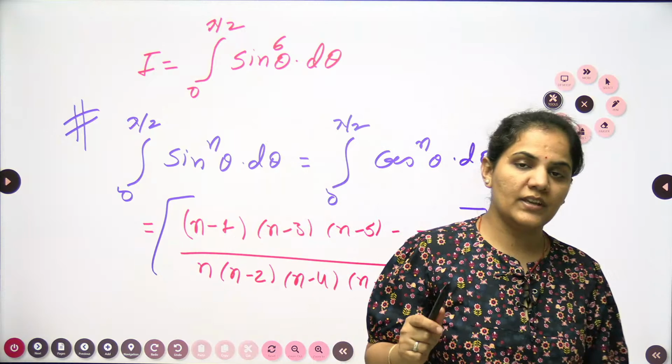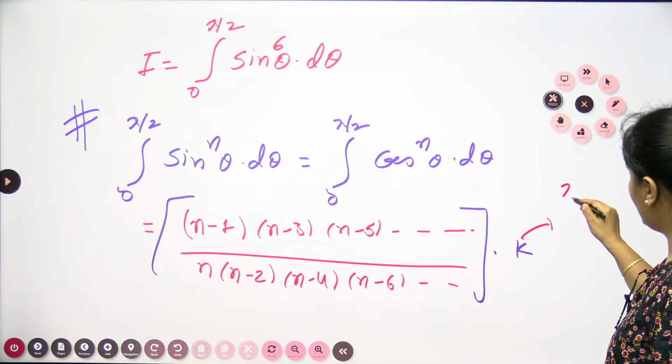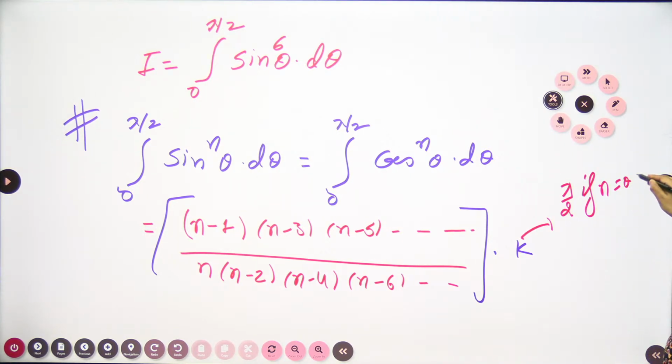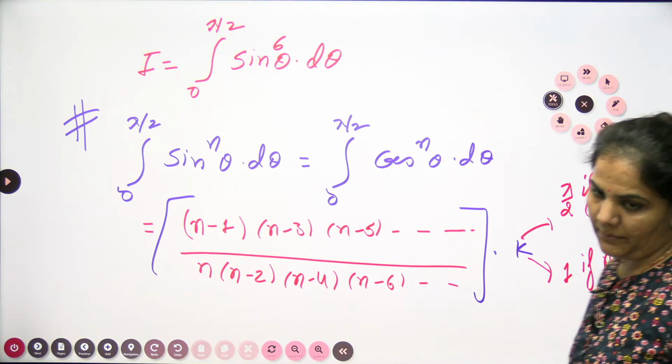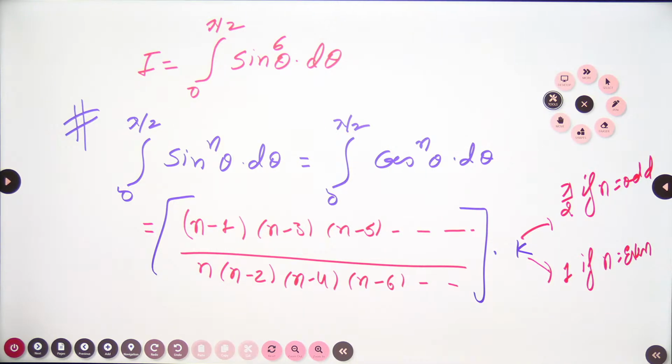This value of k will be pi by 2 if your n is an even number, and the value of k is 1 if your n is an odd number. Do you remember this one, bachcho?